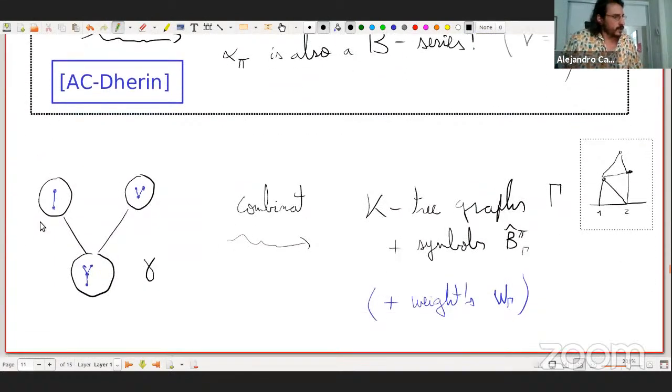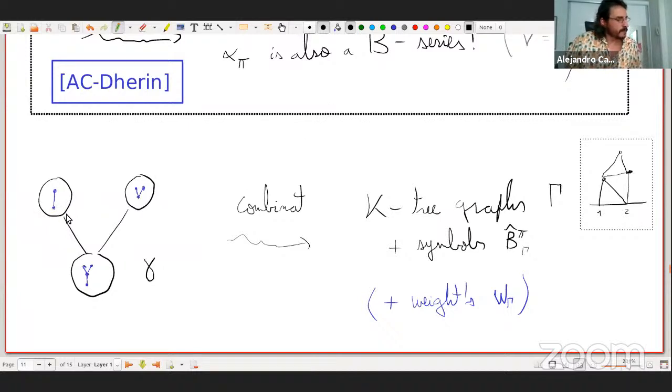And you arrive at things like this. The black rooted tree corresponds to the X vector field, and the blue corresponds to the inner structure when you substitute alpha by the series. And then these circles are supposed to represent derivatives.